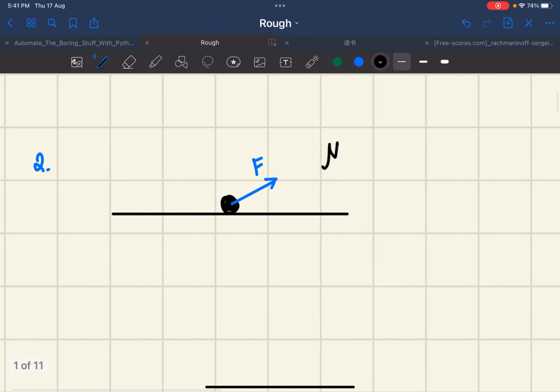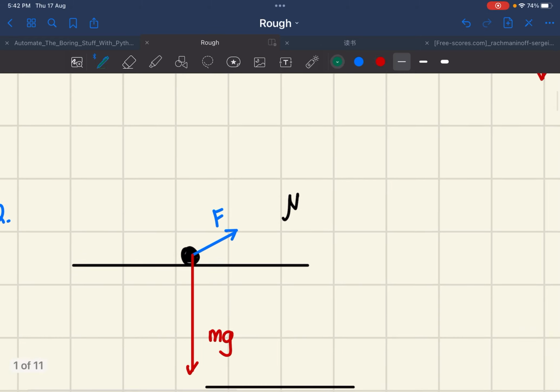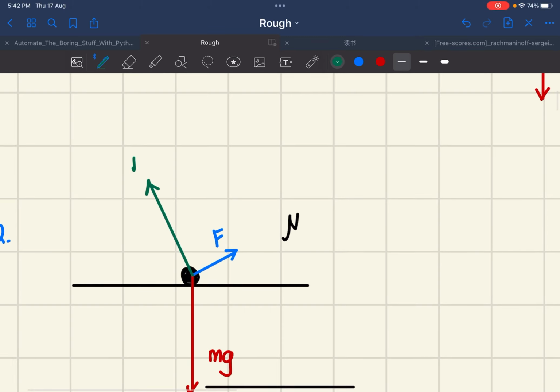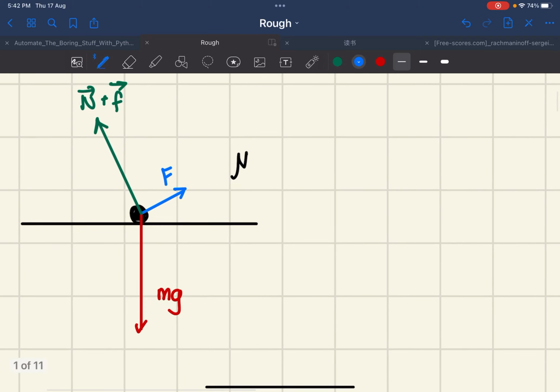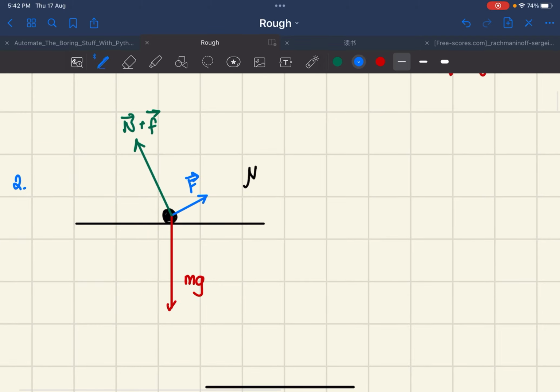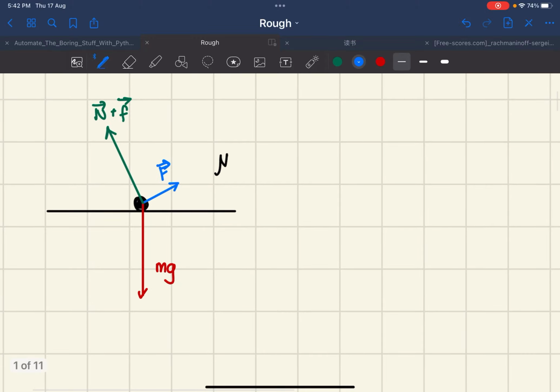Now let's look at all the forces on this object again. We have the weight, we have the normal and friction force, but we'll combine it into one as usual, and we have the force that you push the box with. So 3 types of forces here. Now if your pushing force is small enough, obviously your box isn't going to move.